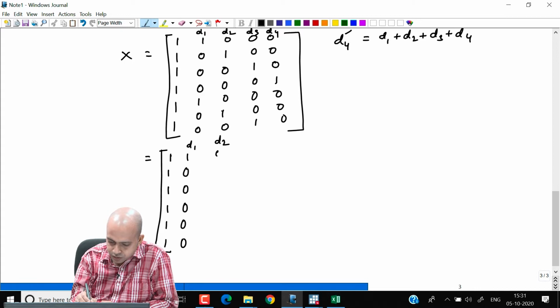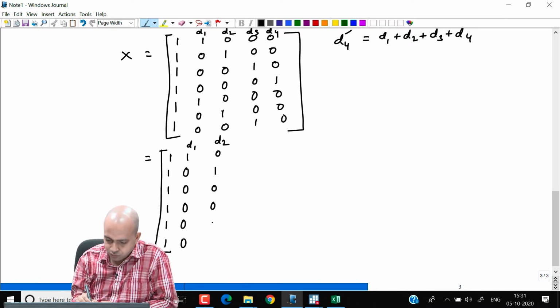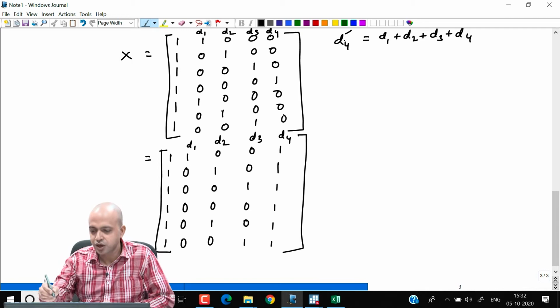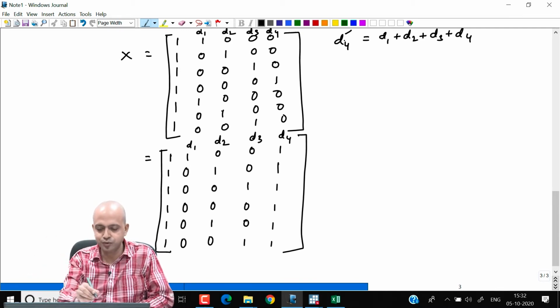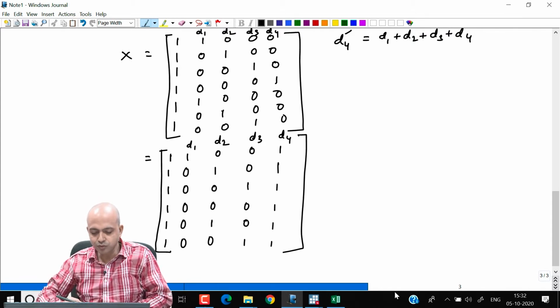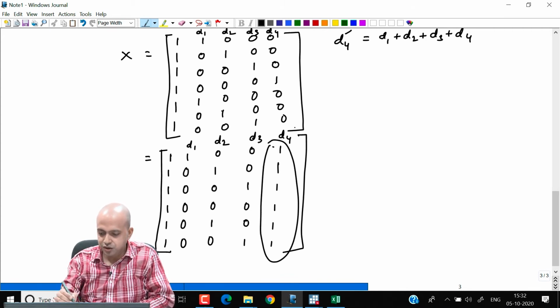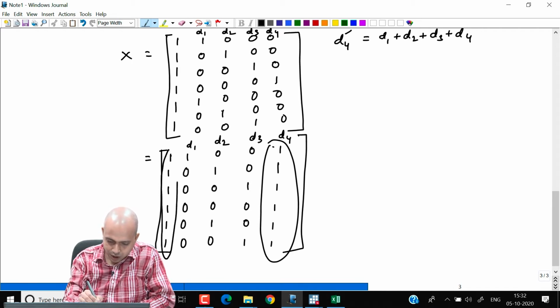D2 would be 0 1 0 0 1 0, then D3 would be 0 0 1 0 0 1, and D4 would now be 1 1 1 1 1 1, because I have changed D4 into D1 plus D2 plus D3 plus D4, and if you take the summation, it becomes 1 1 1. Is that fine?